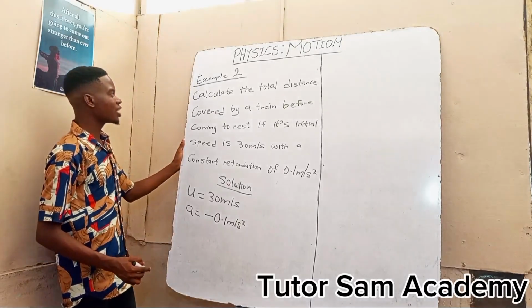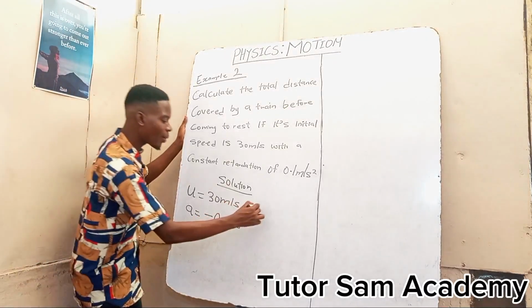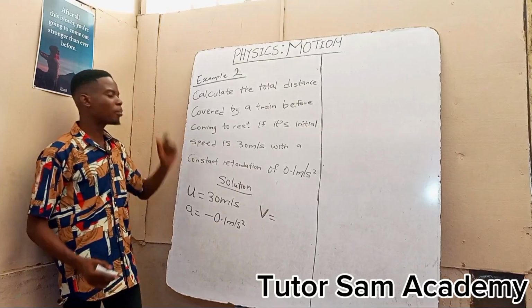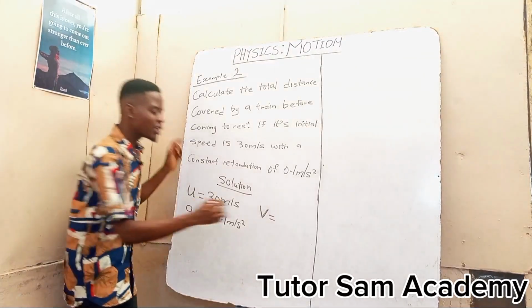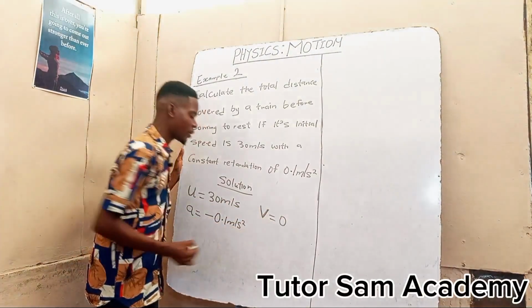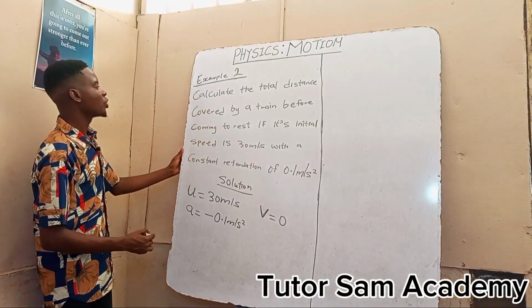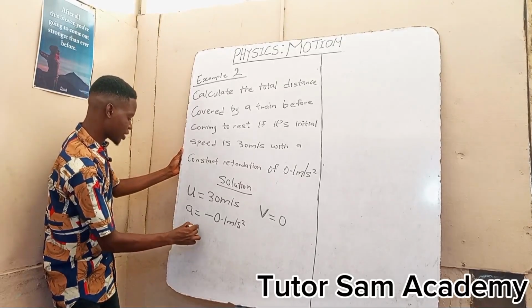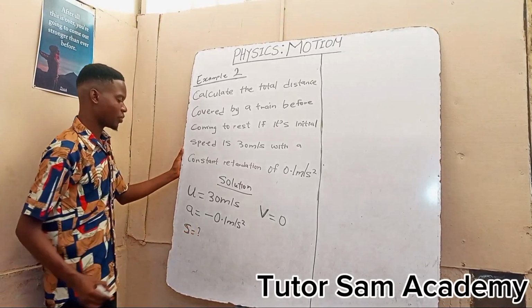These are the parameters given. Then we also have our V. Whenever a body comes to rest, don't forget that your final velocity will be 0. We are asked to find the total distance, that is S.